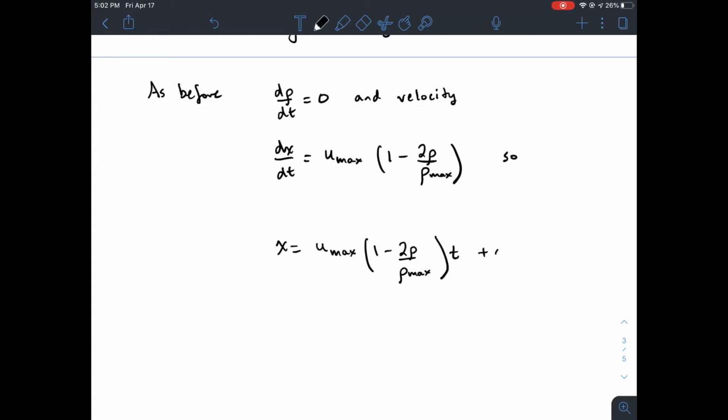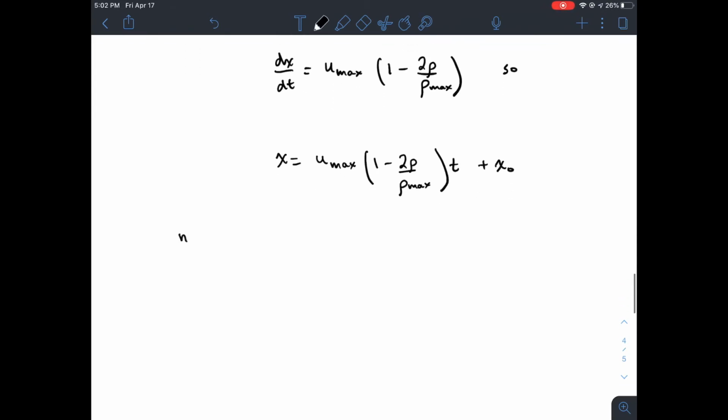I get x equals that stuff times t plus x naught. I want to write it as x naught first. Let's do it that way. That's a little bit easier to understand when we then put it into rho. So x naught equals x minus the u max stuff, right?